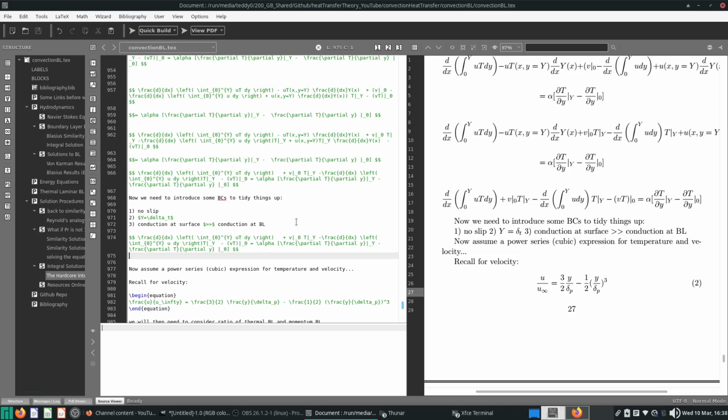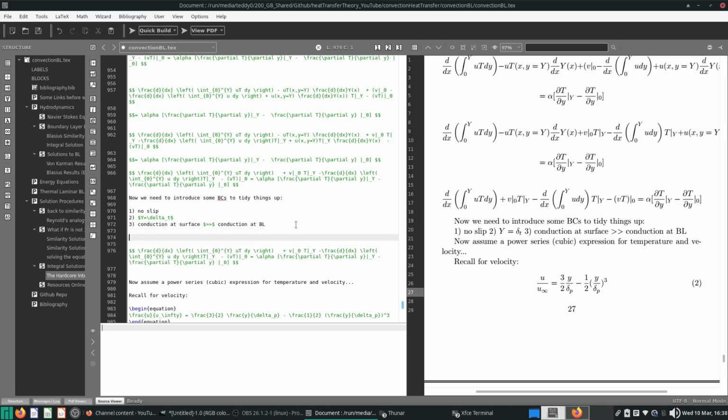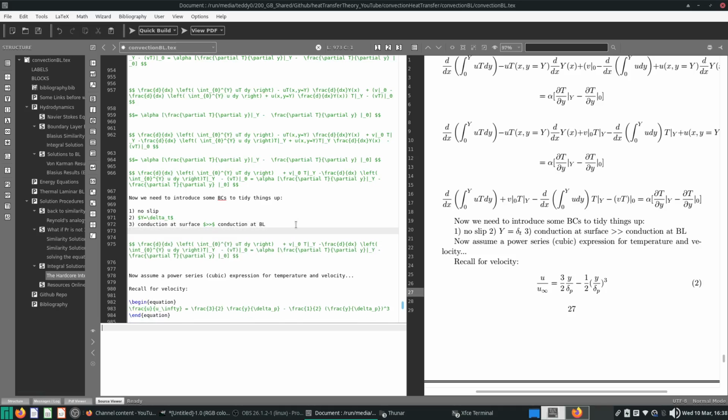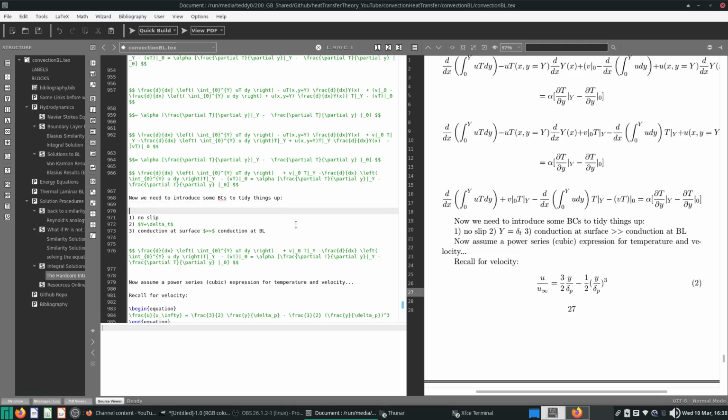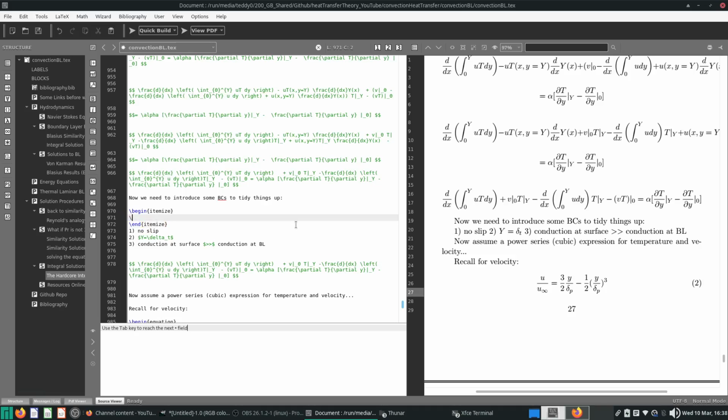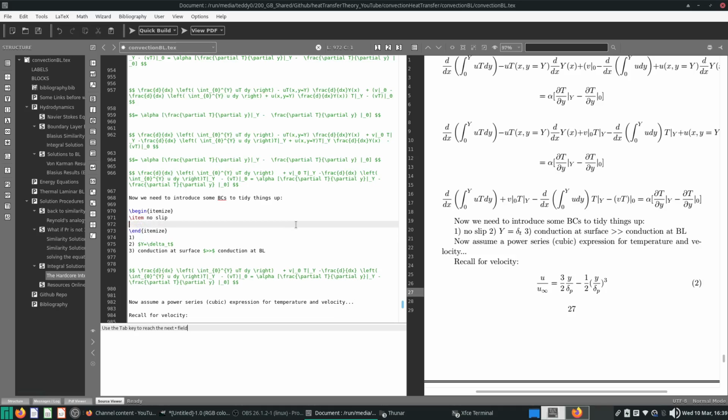So first let's introduce no slip. No slip means V, okay, let's do itemize. Begin itemize. Alright, item, no slip. Yeah, it's always nicer in bullet point.